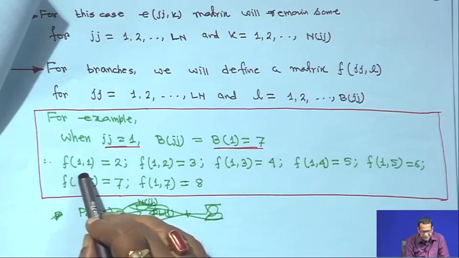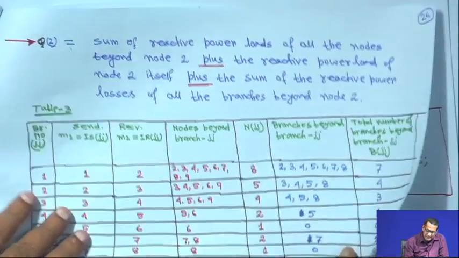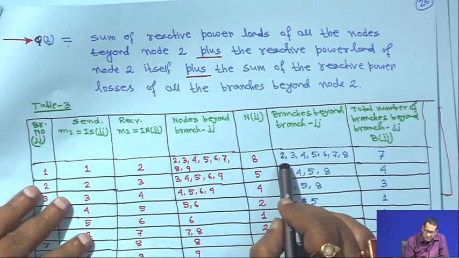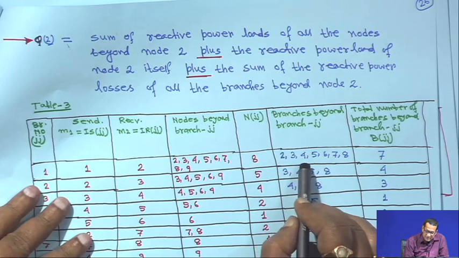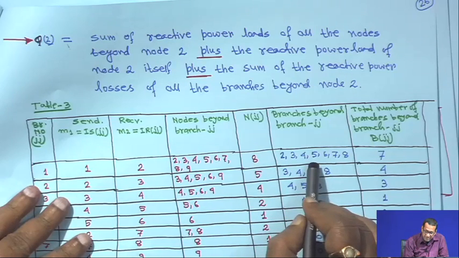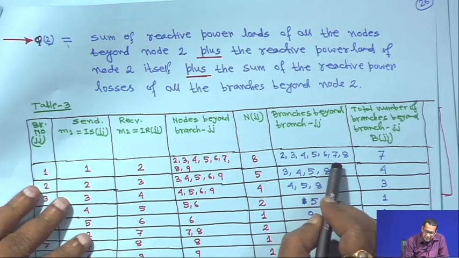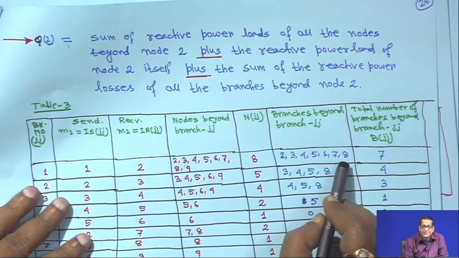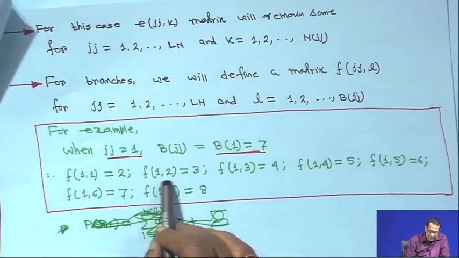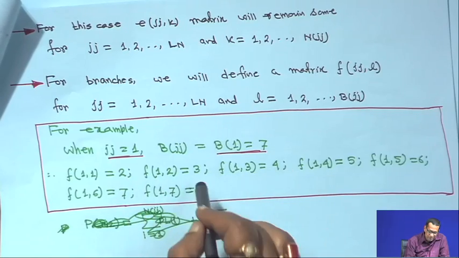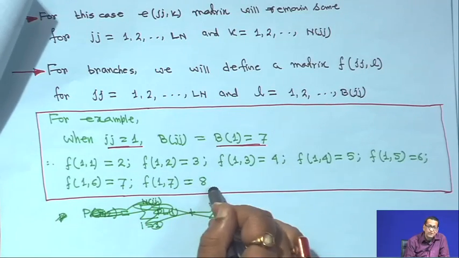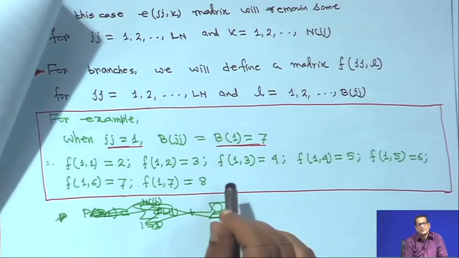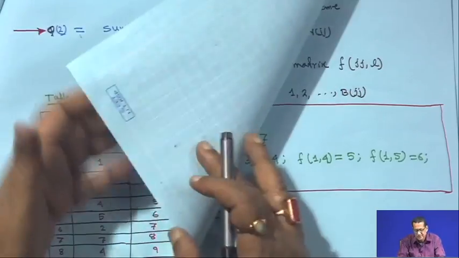So we can make it: F_11 is equal to 2, F_12 is 3, F_13 is 4, F_14 is 5, F_15 is 6, F_16 is 7, and F_17 is equal to 8. So this matrix, 2, 3, 4, all of it you have to read; this F matrix data you have to create and put into the computer.